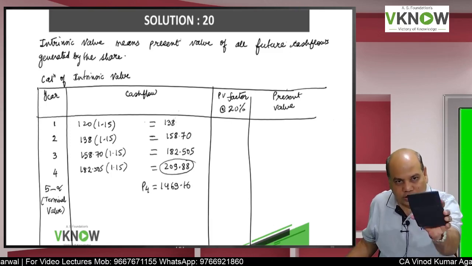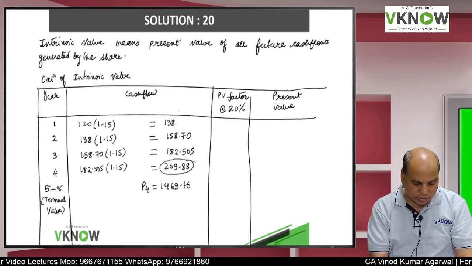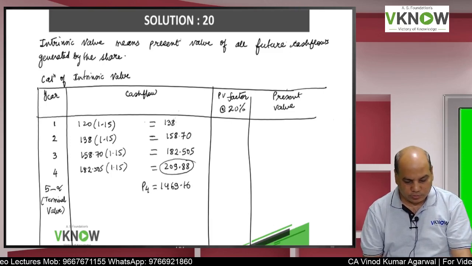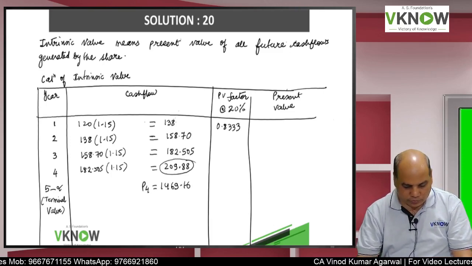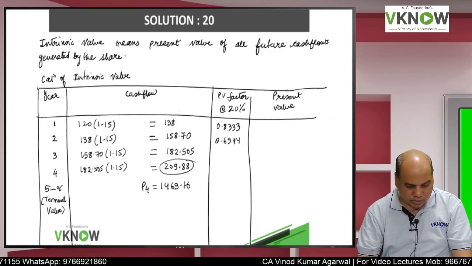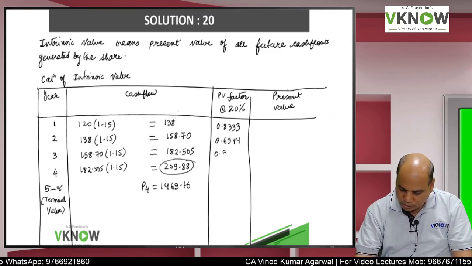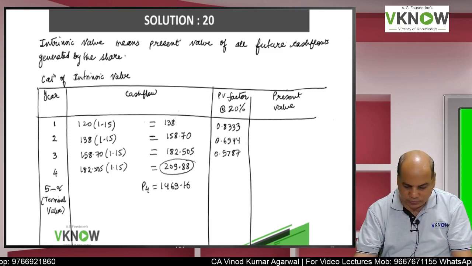Now take your calculator. 1 divided by 1.20 equals 0.8333. Again equals 0.6944. Again equals 0.5787.